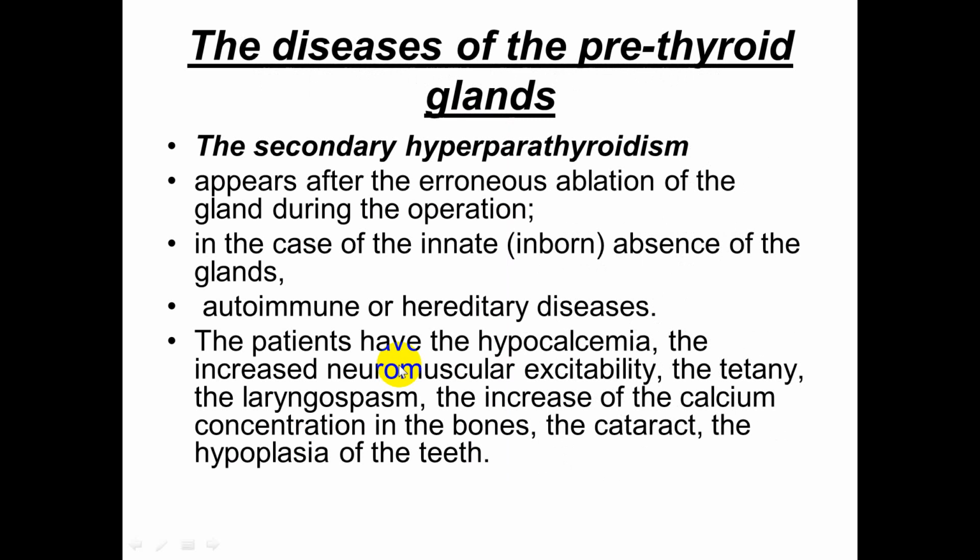Secondary hyperparathyroidism, a disease of the parathyroid gland, appears after erroneous ablation of the gland during an operation. It is the cause of the inborn absence of the glands, autoimmune or hereditary disease.